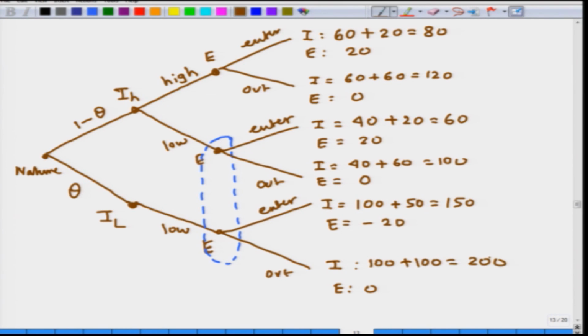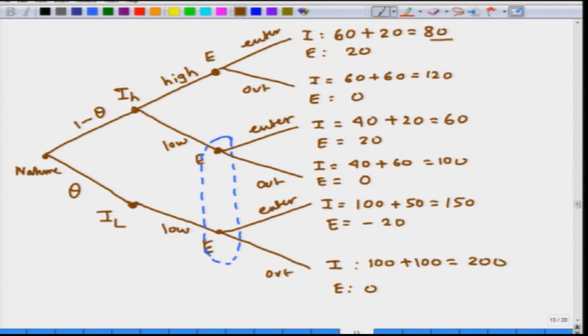Now you would notice that there is a strong incentive for the incumbent to pretend to be of low type. Why is that? Because if the incumbent were to set a high price and the entrant enters, it gets 60 in the first period, whereas in the second period the duopoly will lead it to 20, for a total of 80.